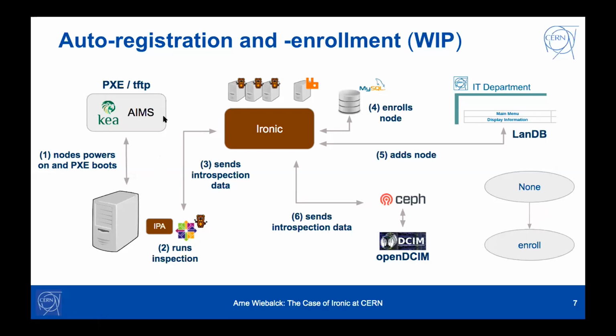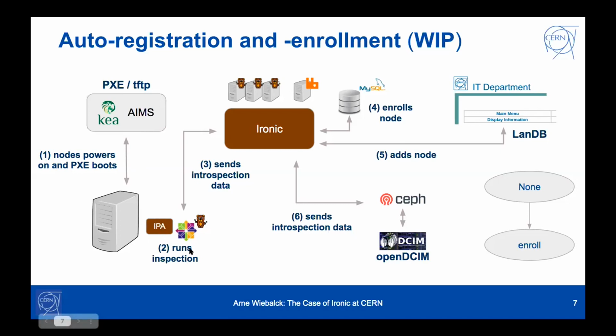The DHCP infrastructure and the PXE infrastructure, so AIMS is a CERN downstream tool that is providing the PXE and TFTP infrastructure, will reply and will provide the node with an Ironic image, which boots the IPA, so the Ironic Python agent that's inside this image.